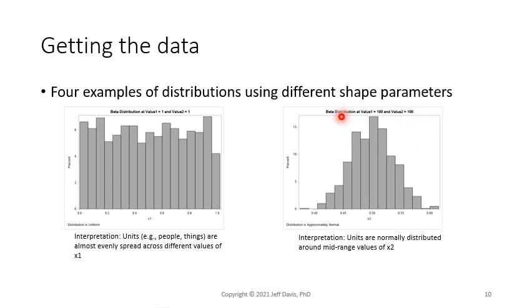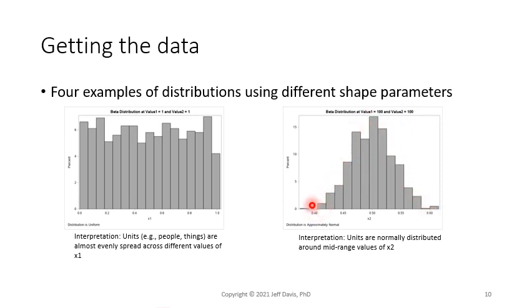So in the second example here, we have beta distribution values. Value 1 is set at 100. Value 2 is set at 100. And again, you could set it at 1 million, 10 million, 100 million, or whatever. It just has to be larger than 0. But at 100, we get more of a normal distribution.